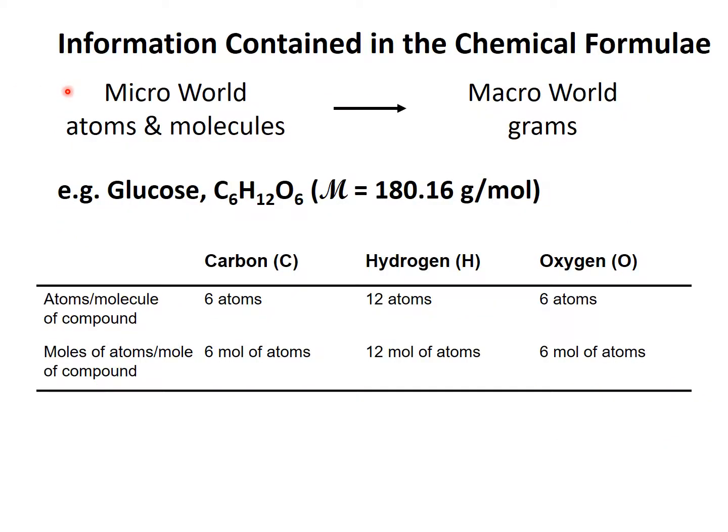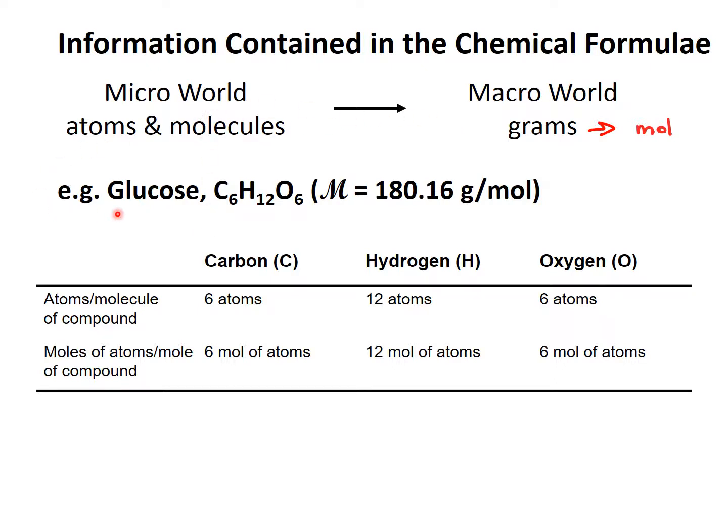In chemistry, we often have to move back and forth between the microscopic world, where we're dealing with individual atoms and molecules, and the macroscopic world, where we're dealing with grams and moles of material. The chemical formula of molecules tells us a lot of important information related to these microscopic and macroscopic worlds.